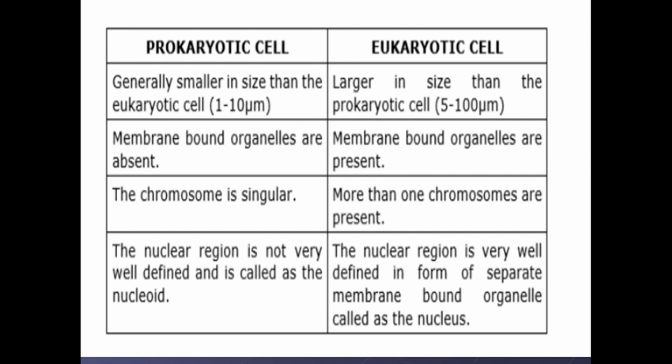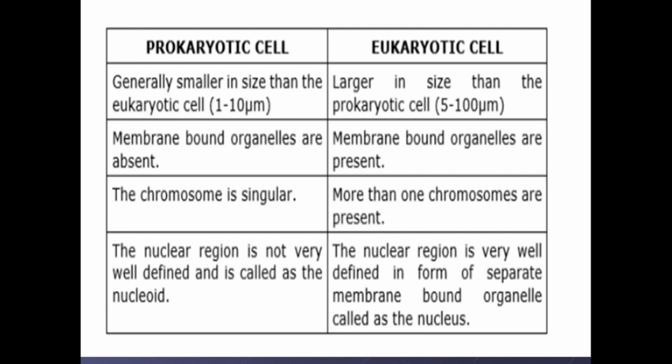In prokaryotic cells, membrane-bound organelles are absent. But in eukaryotic cells, membrane-bound organelles are present. The chromosome in a prokaryotic cell is only one, but in a eukaryotic cell, more than one chromosome is present.